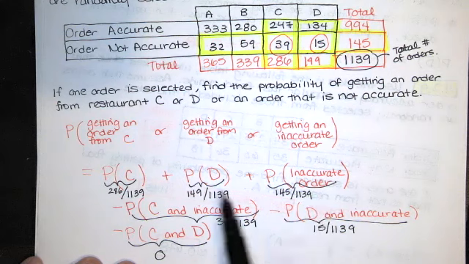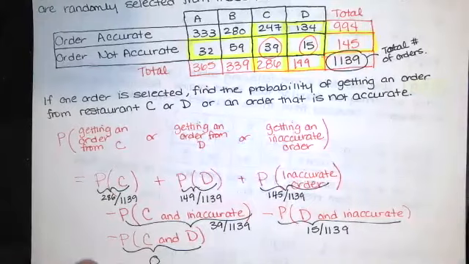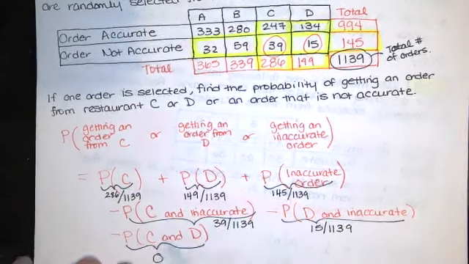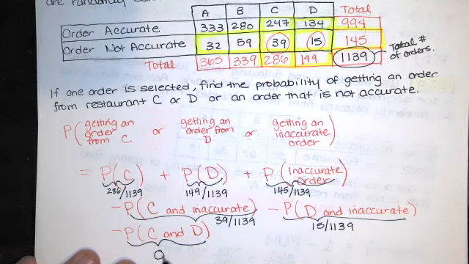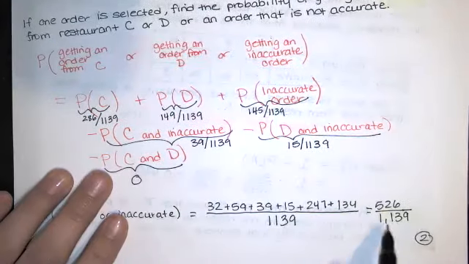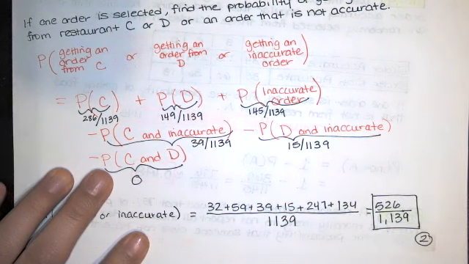So we're subtracting those. And then lastly, we would also want to subtract the probability of choosing an order from restaurants C and D, but you can't. You can't choose an order from restaurants C and D. Those two are disjoint events, so the probability of that is 0. So let's add all of these up and then subtract this and show we get exactly the same answer that we would get with that intuitive approach. So we're expecting 526 over 1,139.